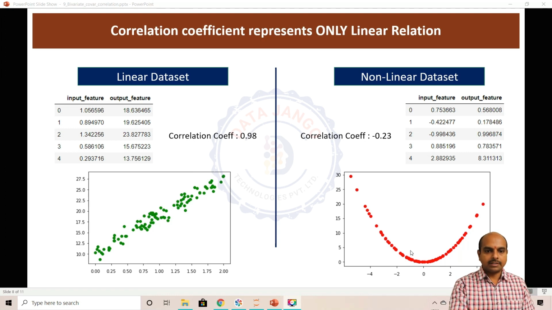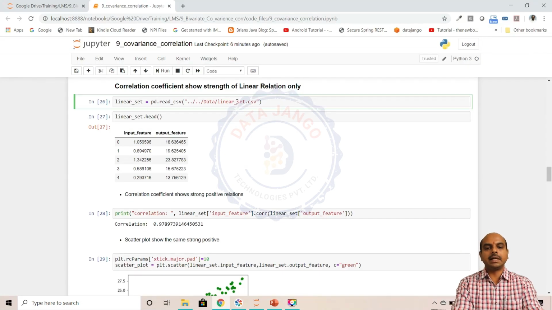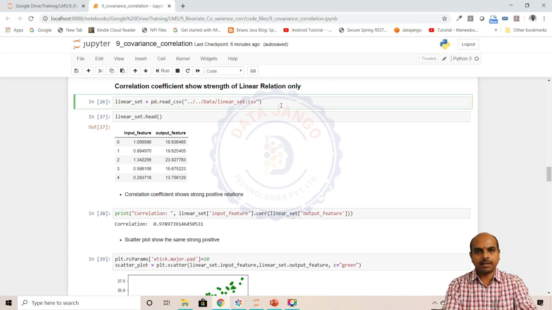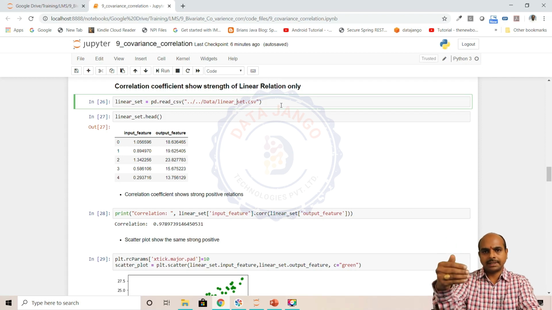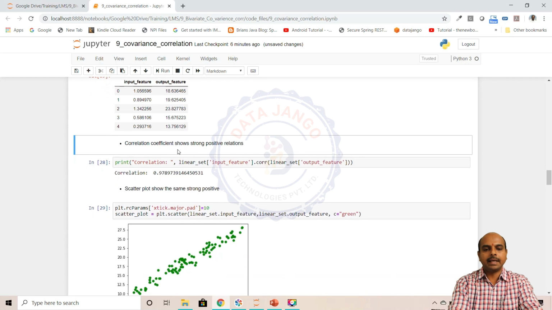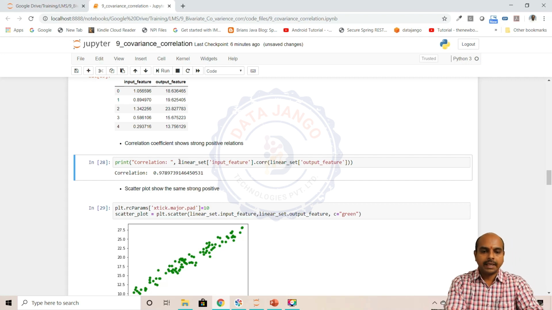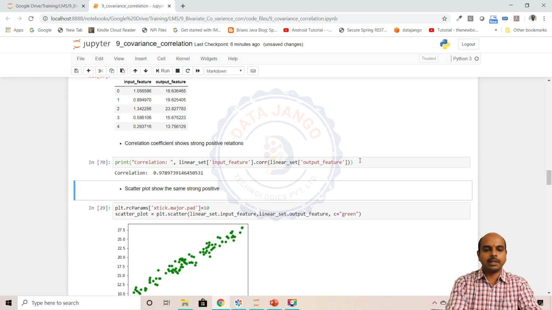Let us look at the code example, how exactly I have done these scatter plots. Here I have taken the linear dataset. These datasets are available in our data folder along with your section. I have imported that, loaded it into a data frame, looked at the head, and then calculated the correlation between the input feature and the output feature. In the series object, we have the corr method, which takes another series object and calculates correlation.